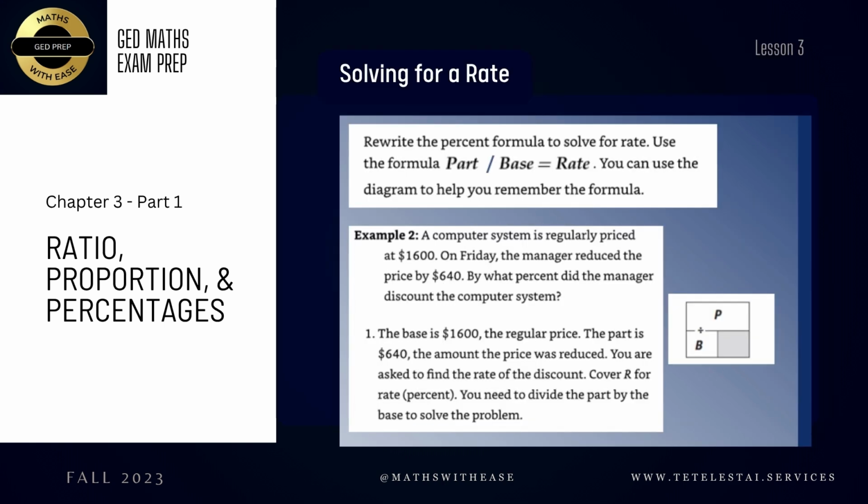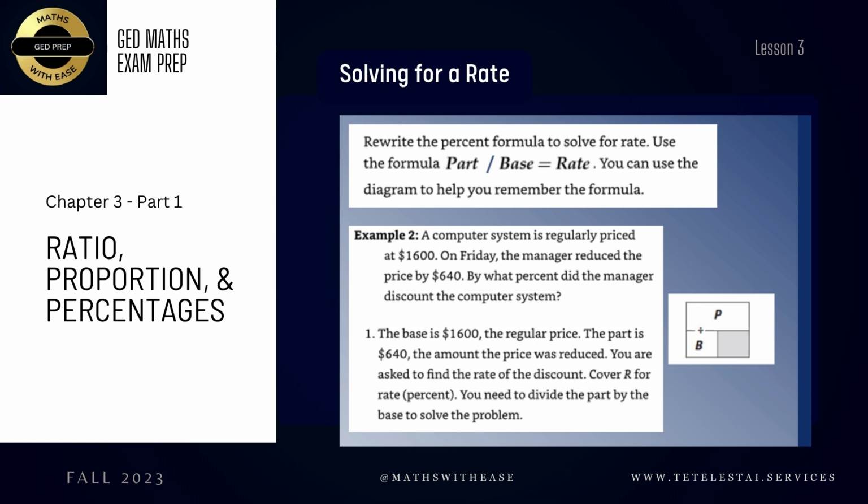So this portion of the lesson goes over solving for a rate. And again, you simply just rewrite the percentage formula to solve for a rate, and you would write out the formula to reflect part divided by base equals rate, as we've seen earlier.